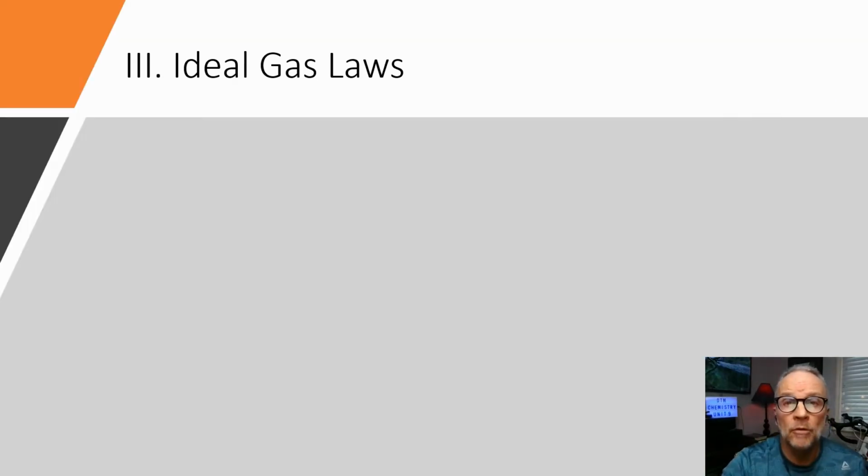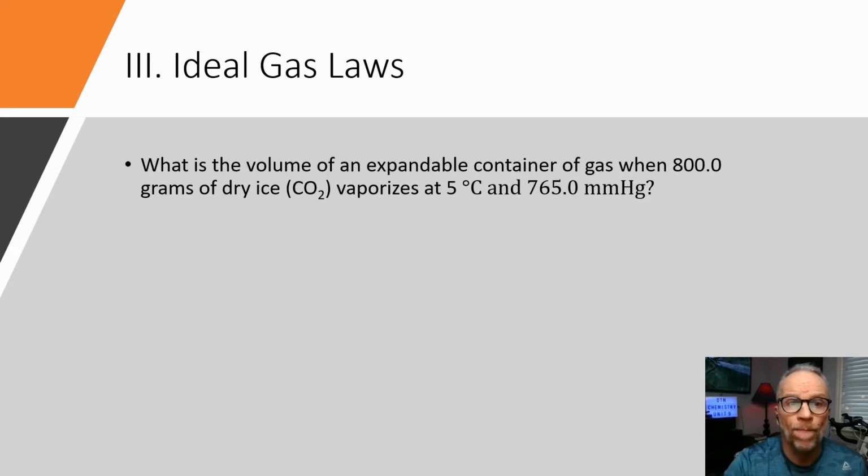So let's work a couple of problems with this. It says, what is the volume of an expandable container of gas when 800 grams of dry ice vaporizes at 5 degrees C and 760 millimeters of mercury? Let's see if we can work this one out.